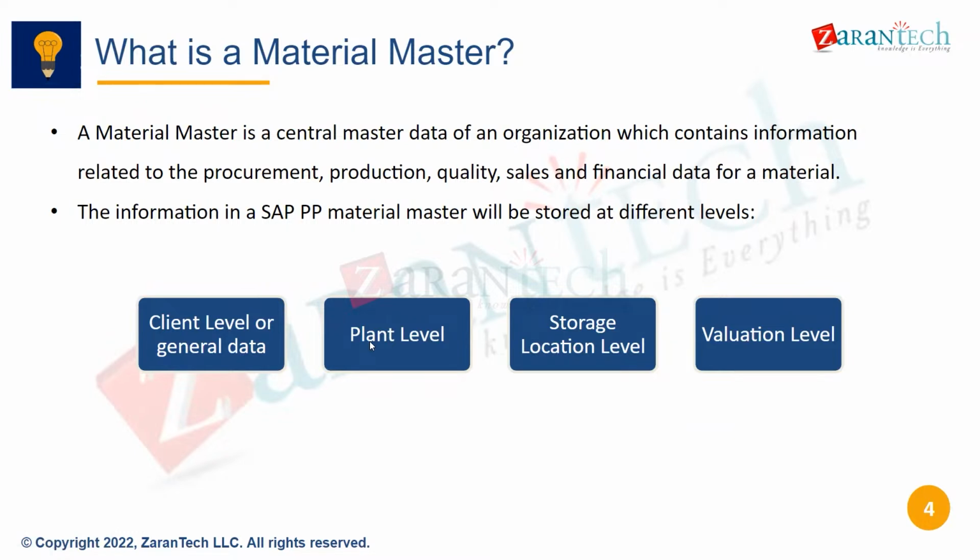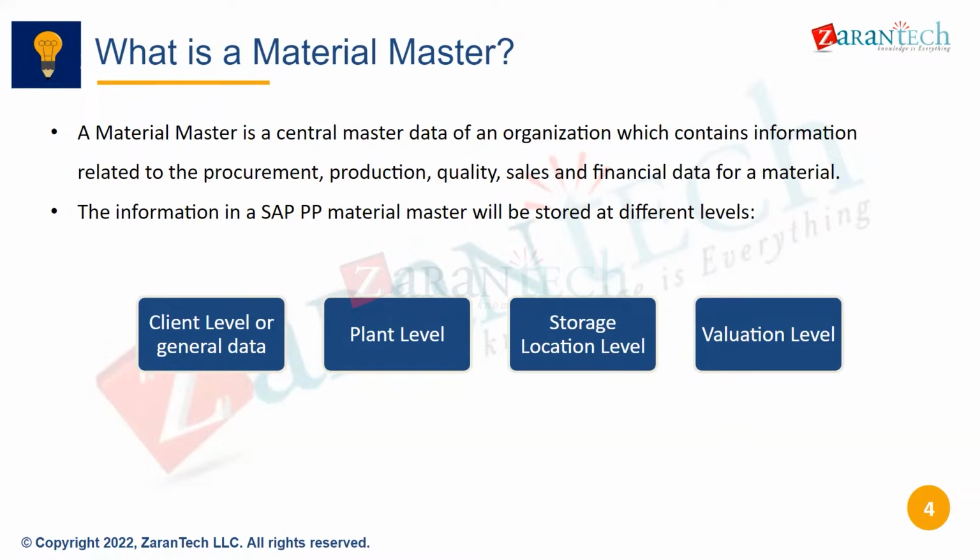It can be the same for different plants, but you have the option of a different set of data for the same material at a different plant. Similarly with the storage location, and with accounting valuation. From the accounting view for finance, the plant is called a valuation area internally by SAP. So these are the 3-4 different levels at which data is maintained in the material master.